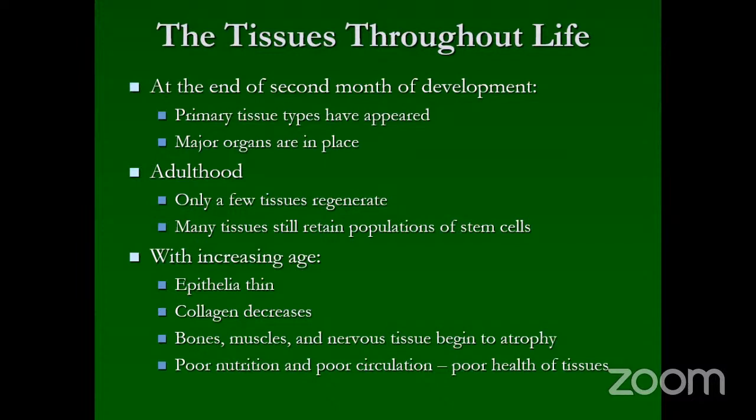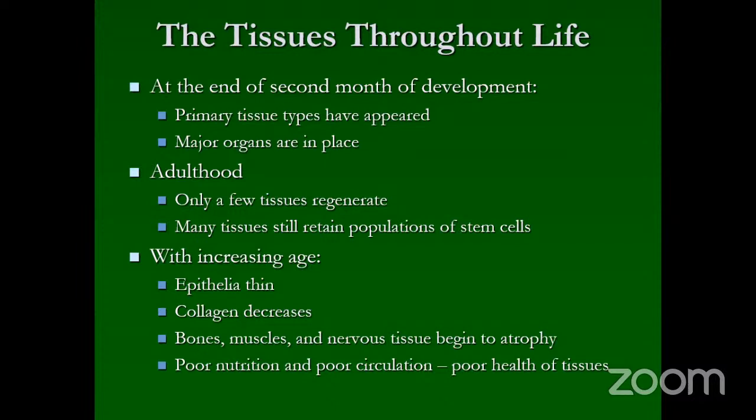In adulthood, some tissues will regenerate, and some will form from stem cells. With increasing age, that will reduce. Epithelia will become thin and the collagen in the tissue will decrease.